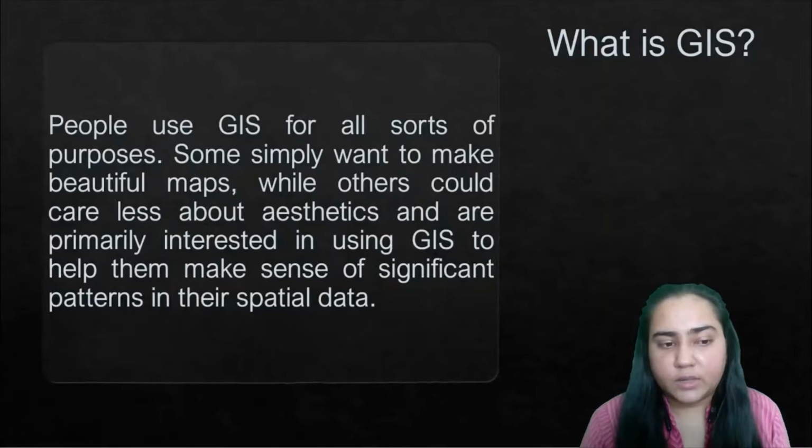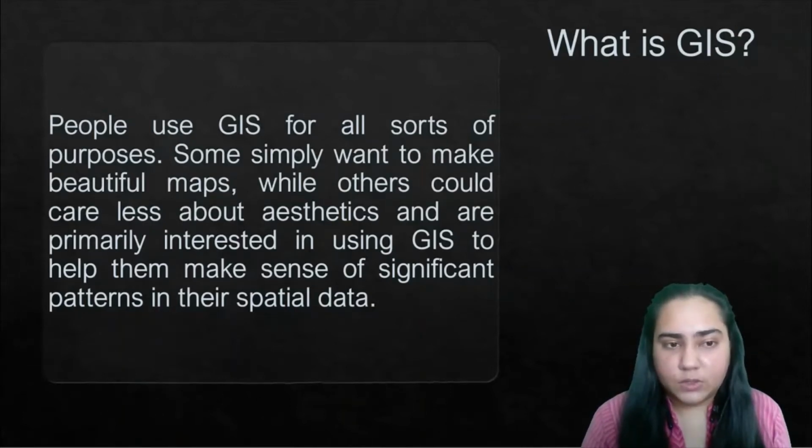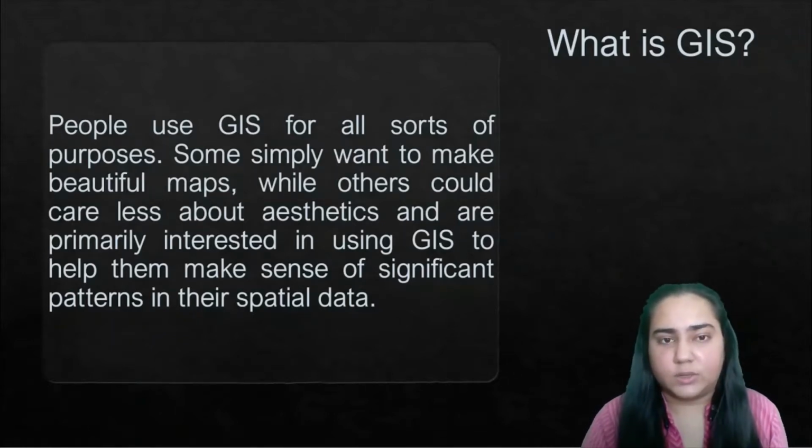People use GIS for all sorts of purposes. Some simply want to make beautiful maps, while others couldn't care less about aesthetics and are primarily interested in using GIS to help them make sense of significant patterns in their spatial data.